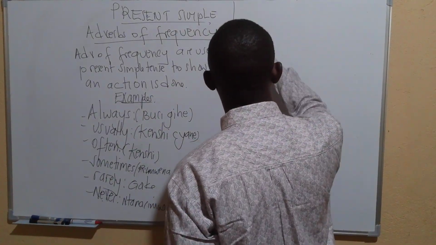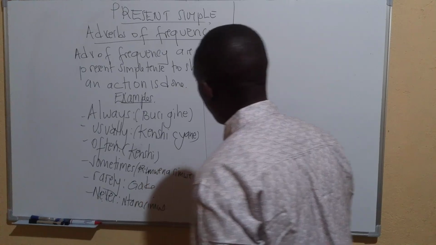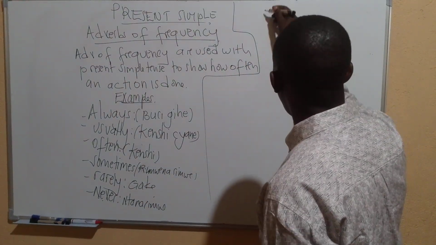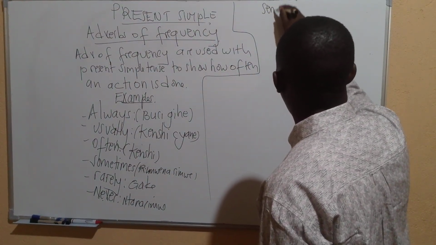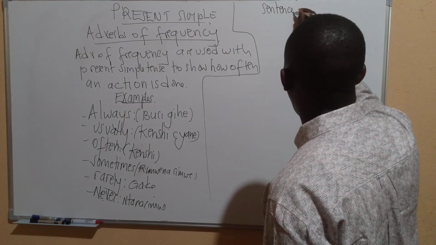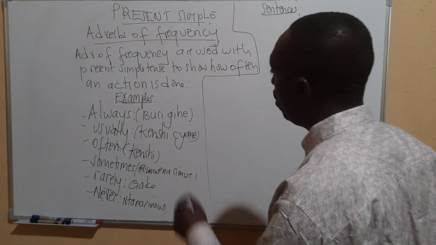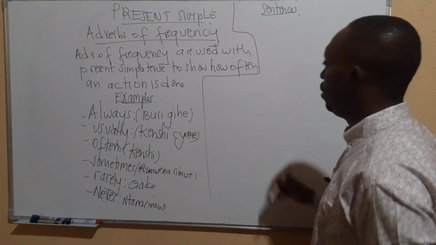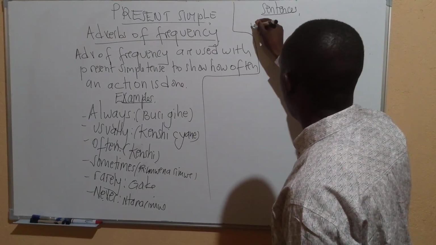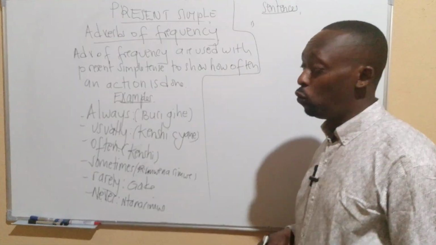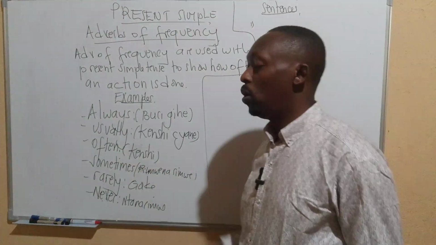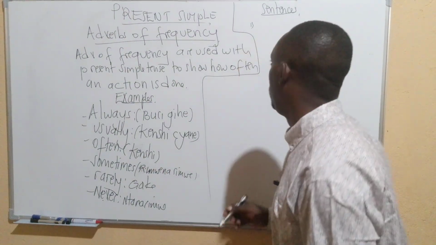Now, let us use these adverbs of frequency in different sentences. We are going to begin with always. For example, ufite igikorwa ukora buri gihe, ushobora gukoresha aka kajambo always ka adverbs of frequency.